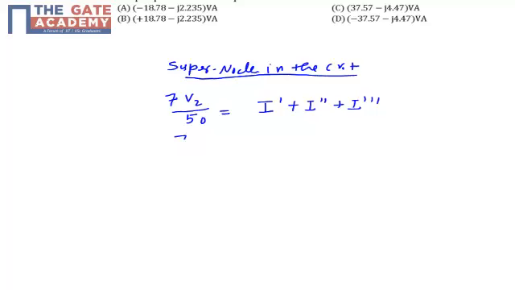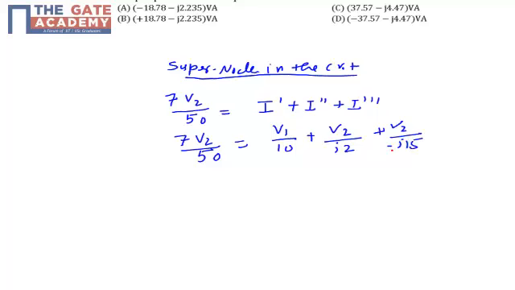So my current source is 7V2 by 50, my I dash is V1 by 10, my I double dash is V2 by j2, and my I triple dash is V2 by minus j15.